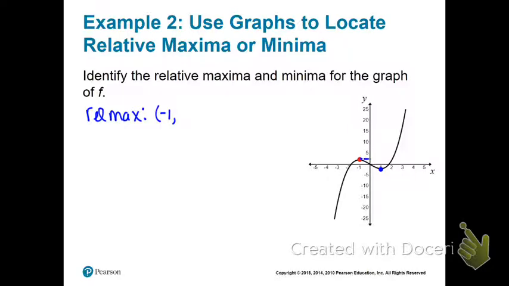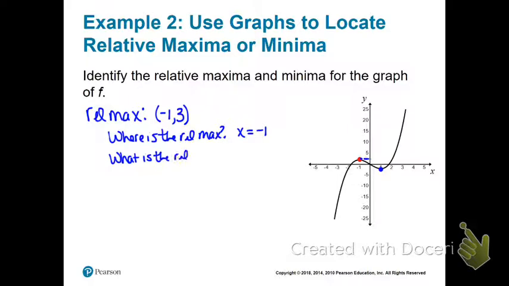And so let's just say it's 3. So now if the question had asked me where is the relative maximum, we would have answered it saying at x equals -1. If it had said what is the relative maximum value, we would say 3.